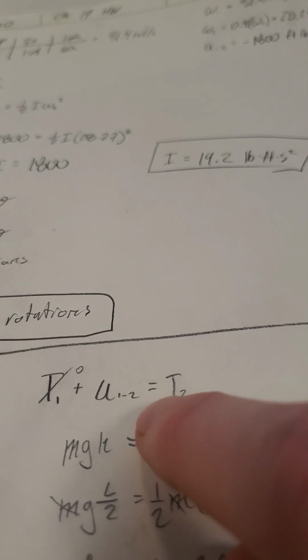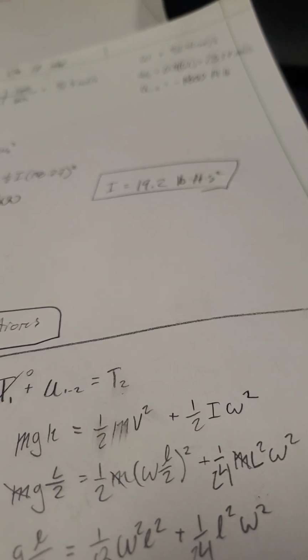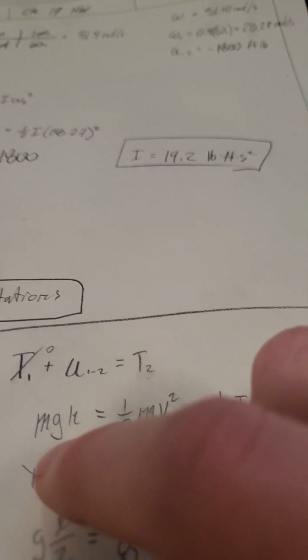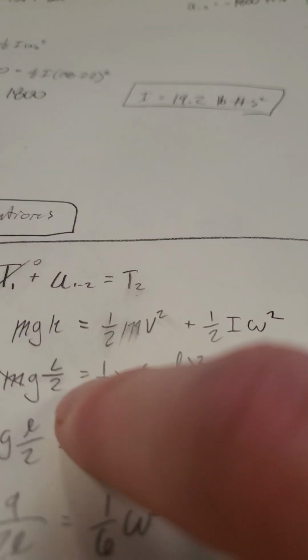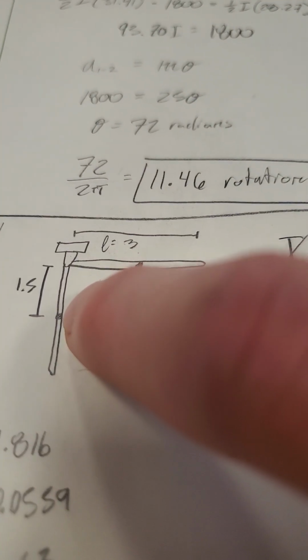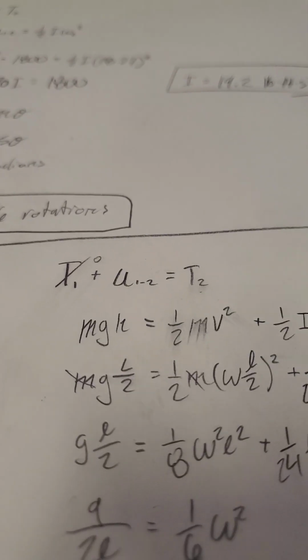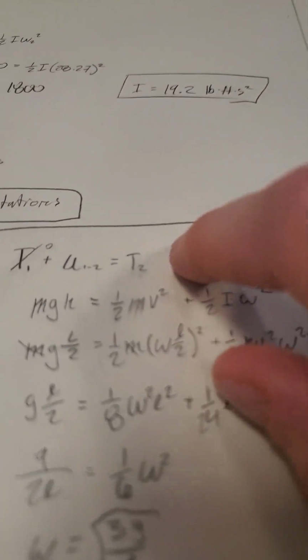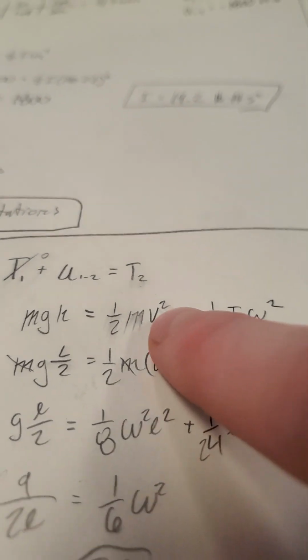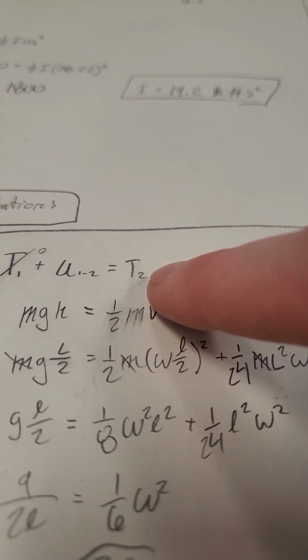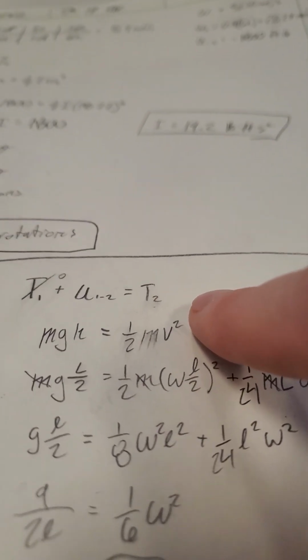So the work done is going to be that change in height essentially. So it's moving half of the length because the center of mass of the bar is at the middle. So that's where the weight force is acting. And then we know that's going to equal the kinetic energy at the end.